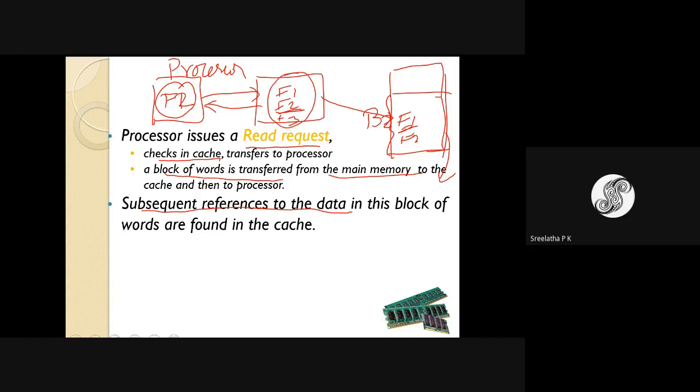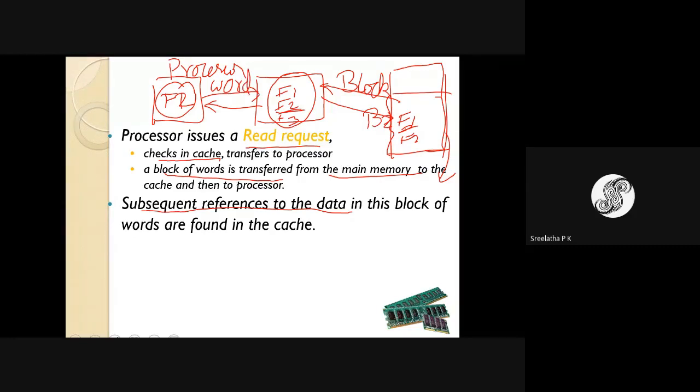Once a read request is issued by the processor, it checks in the cache memory first. If the data or the instruction is not present in cache memory, it takes the data from the primary memory, which is a little slow, and a block of data is moved to the cache, and then from cache, word by word, the data are moved to the processor.